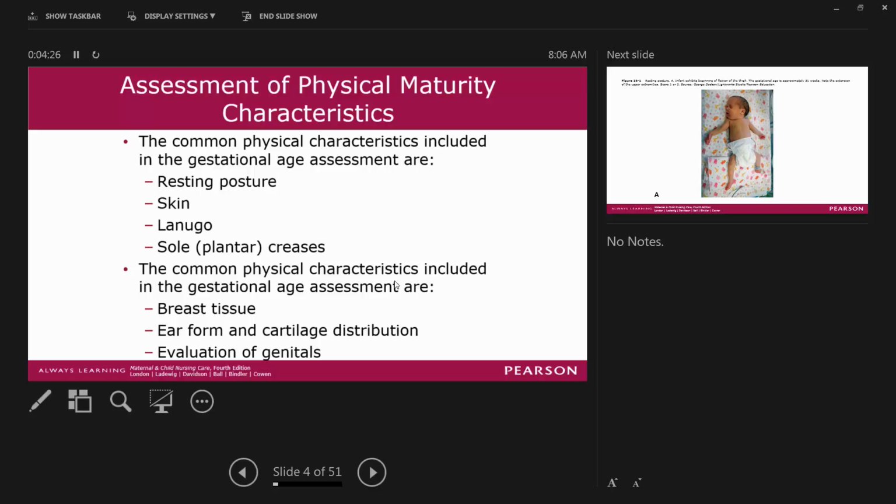The sole of the feet. We look at the soles of the feet and see how wrinkly or how many creases there are. Other characteristics are the breast tissue. We kind of guesstimate the size of the breast bud. So when you palpate the breast tissue, you feel this little bump in there. That's the breast bud. The ear form and the cartilage distribution.